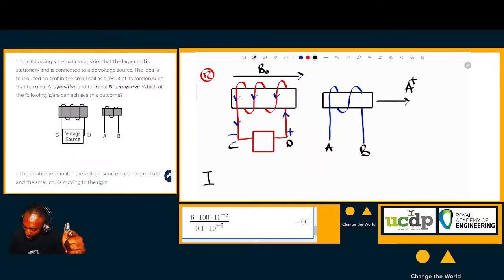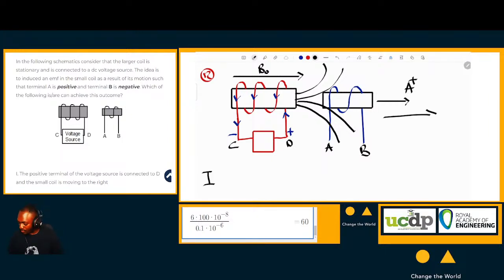We have got a current flowing in the larger coil, and you've got a magnetic field like this. This is the magnetic field, right? If you move this small coil to the right, what happens to the flux linkage there? Are you still going to be linking many coils, or will the flux decrease if you move it away?